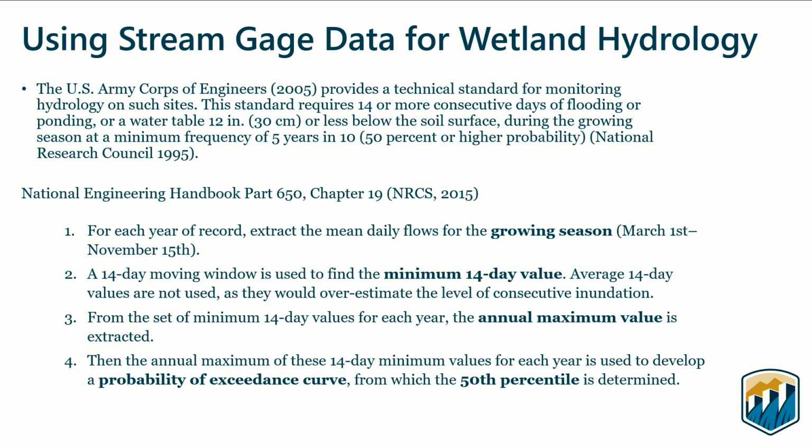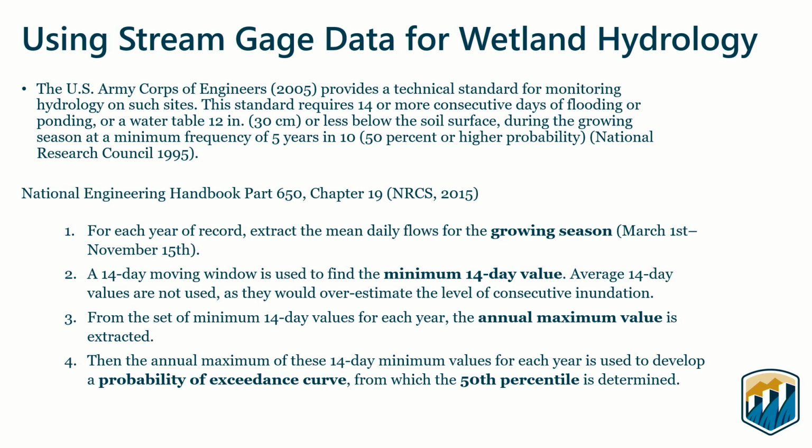So what is wetland hydrology? The Corps conveniently gave us this very nice, clean definition. This standard requires 14 or more consecutive days of flooding or ponding, or a water table 12 inches or less below the soil surface during the growing season, at a minimum frequency of 5 years in 10, or 50% or higher probability.